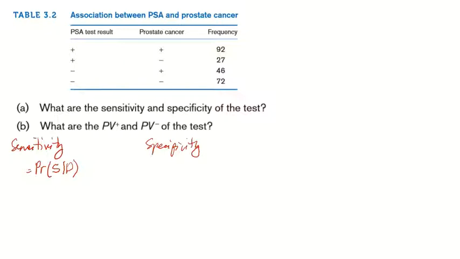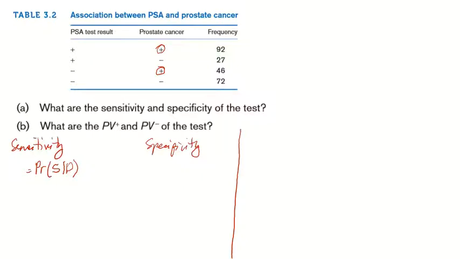Okay, those without the disease and those with the disease. Okay, so how many have the disease? You can see here those with prostate cancer. Okay, there. So let's start with that.